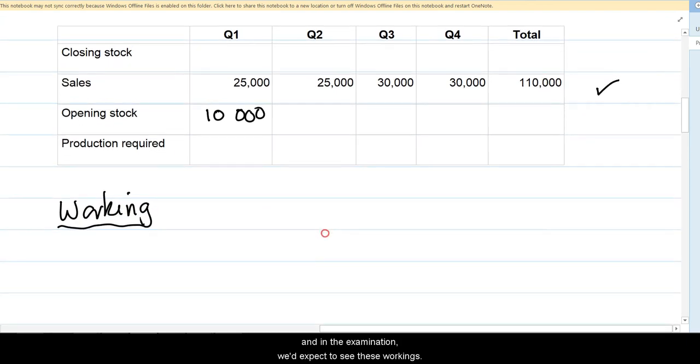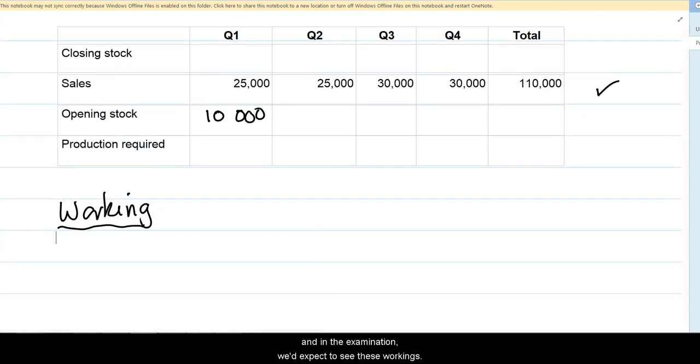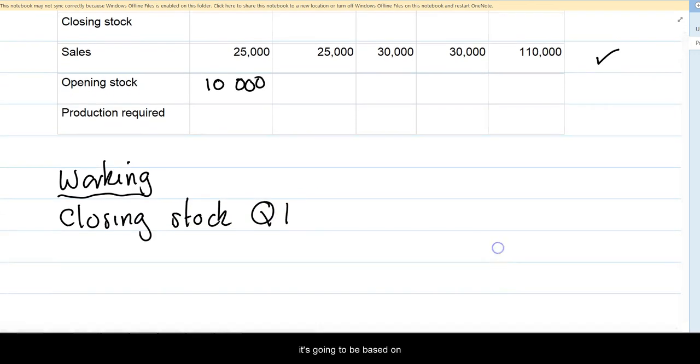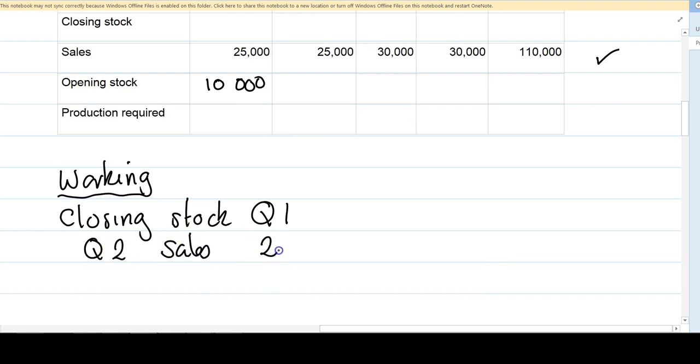and in the examination we'd expect to see these workings. So our closing stock for quarter 1 is going to be based on quarter 2 sales, which is 25,000 units at 20%.